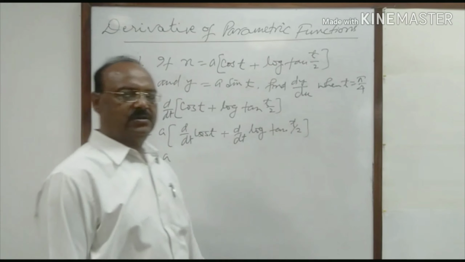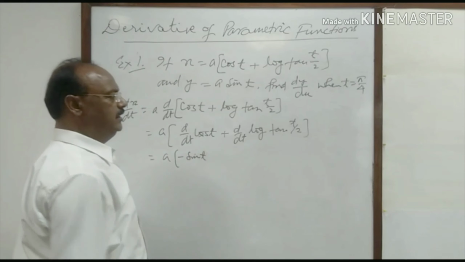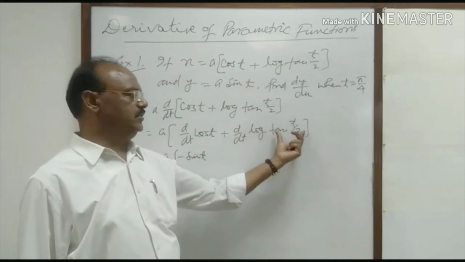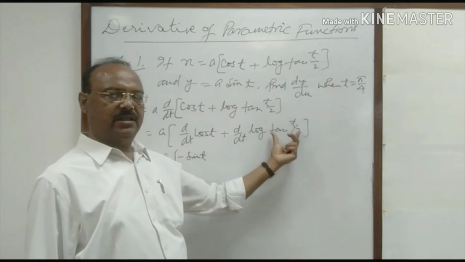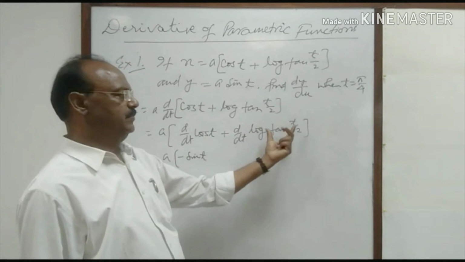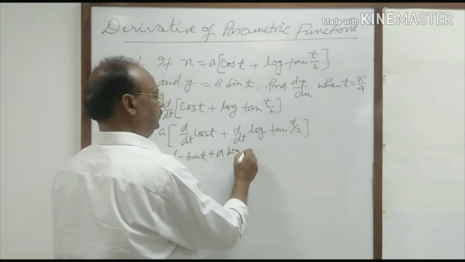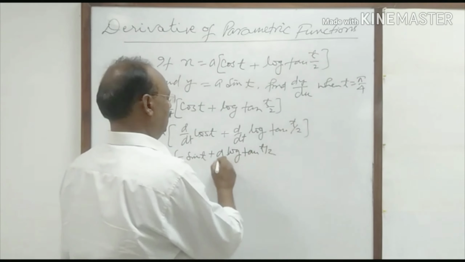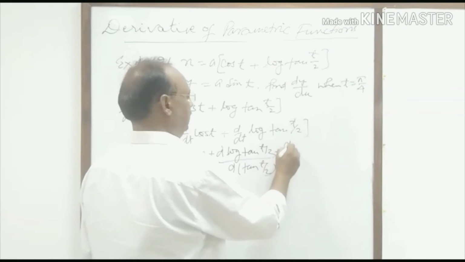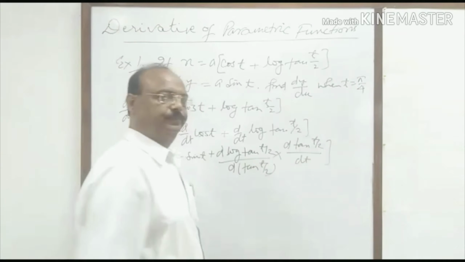This is equal to a. You know, derivative of cos t will be minus sin t. So this is minus sin t, and here we will apply function of function, chain rule, because this is logarithmic function of this one, and this tan function is itself a function of t. So first of all, we will differentiate log tan t/2 with respect to tan t/2, into derivative of tan t/2 with respect to t.